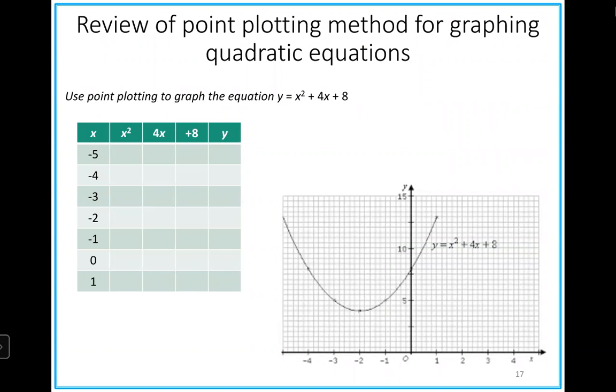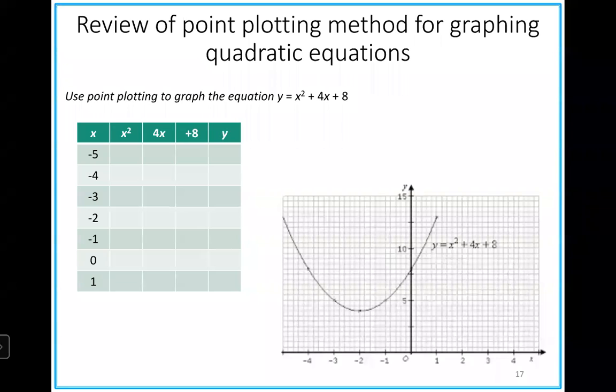So we were looking at graphing linear equations, solving systems of linear equations using graphs, and then we also solved the system of linear equations using the addition and the substitution method.